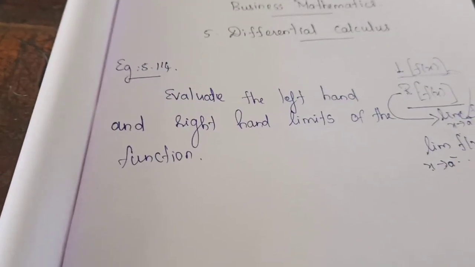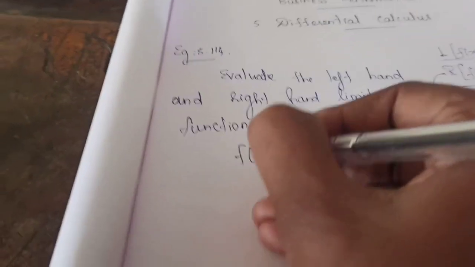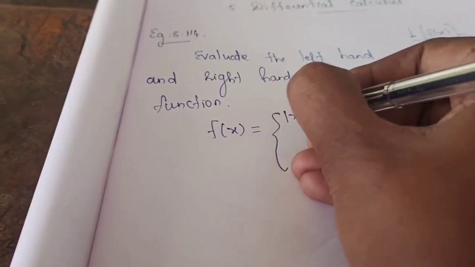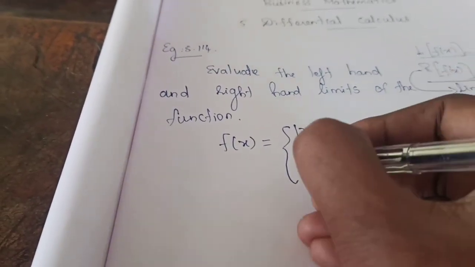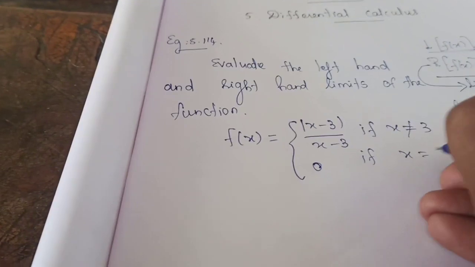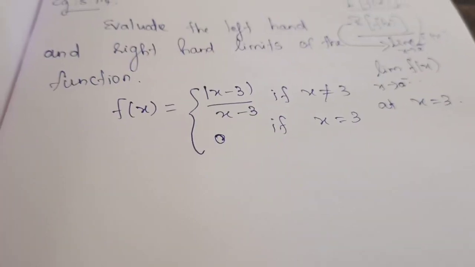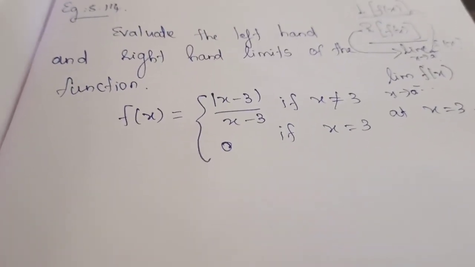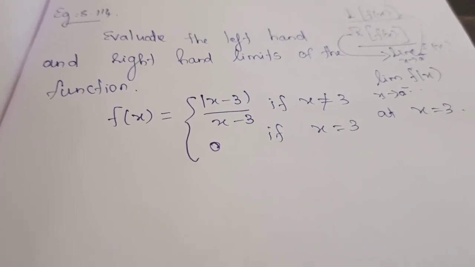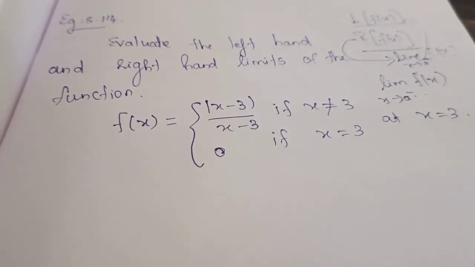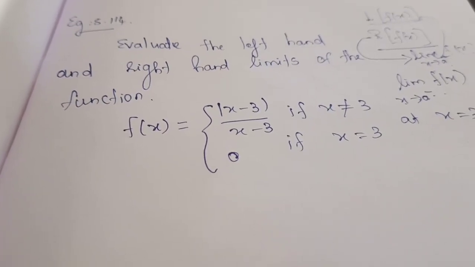Evaluate the left hand and right hand limits of the function f of x equal to modulus of x minus 3 divided by x minus 3 if x is not equal to 3, and 0 if x is equal to 3, at x is equal to 3.